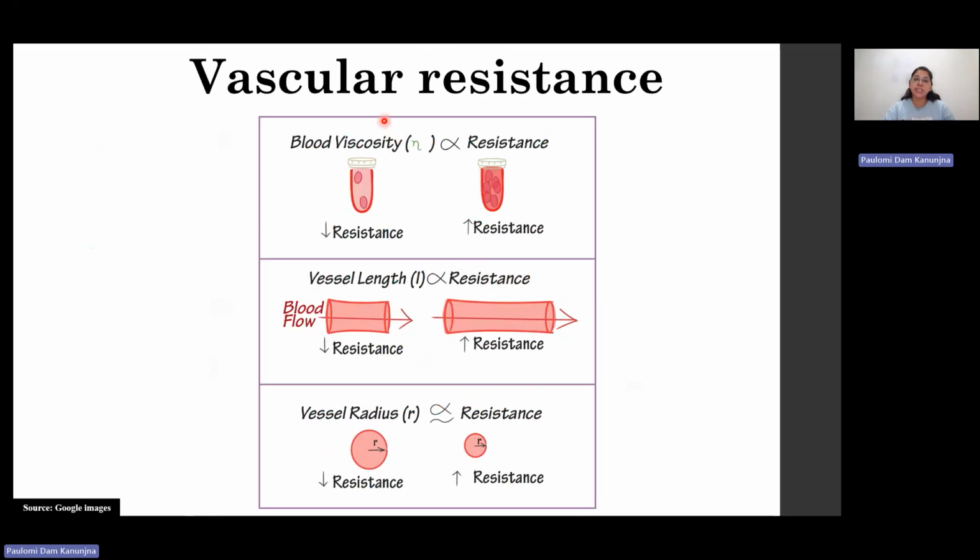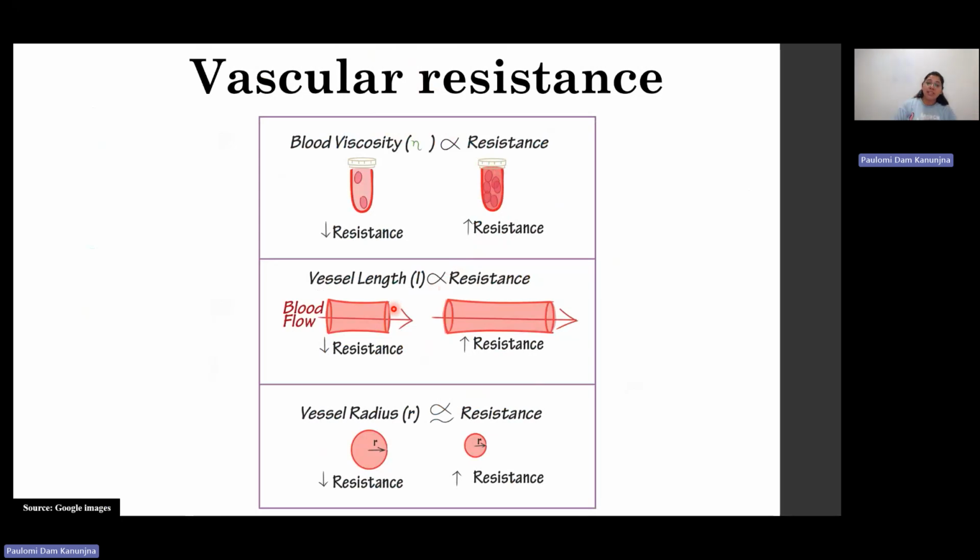For example, viscosity is directly proportional to resistance. So if you have more viscous blood, if you have more cells in your blood, then the flow of blood will be less because there will be more factors impeding the flow of blood. Similarly, if your vessel length is very high, that has very high resistance, your blood flow is less because there is a high chance of friction.